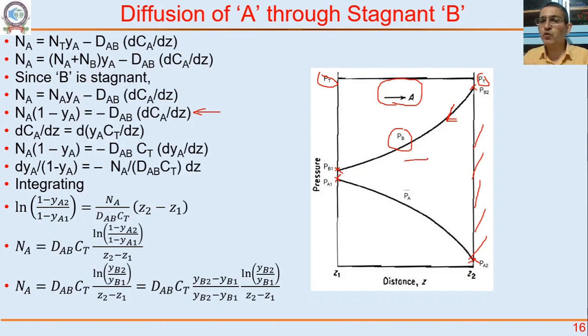So for B there are two motions. One is diffusion of B from right to left because of the driving force. But there is also a bulk motion of B because there is a net motion of A, and that bulk motion takes B from left to right.